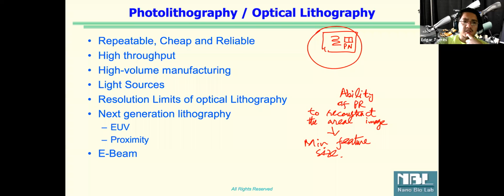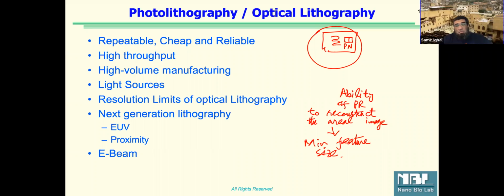So essentially move from light to radiation. Now radiation, when you say radiation, is again waves, right? So that's X-rays, right? But then X-rays have their own issues. You cannot make a mask good enough for X-rays because X-rays can pass through everything, right?